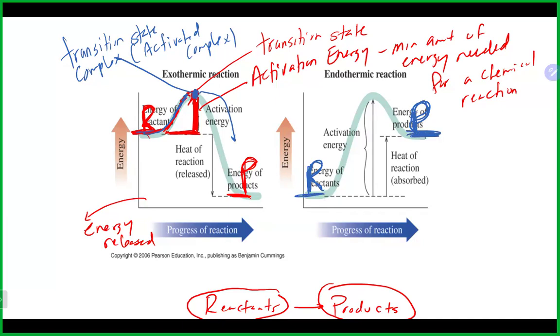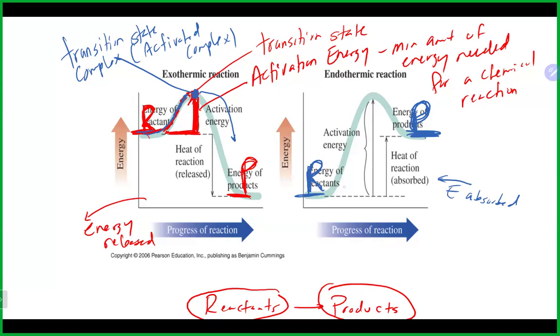And the only way for our reactants to get up there in terms of energy is for energy to come in. So energy needs to be absorbed. And this is why this is an endothermic process. So whenever you see an energy diagram where you have reactants lower in energy than your products, that is an endothermic reaction. Heat and energy does need to be absorbed in this particular case.